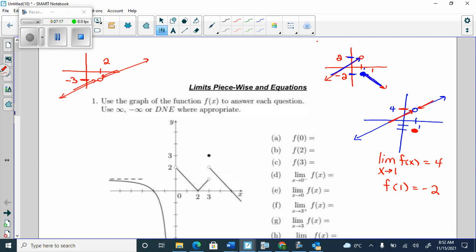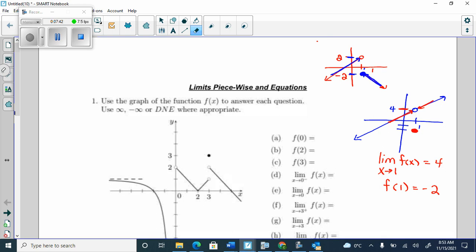That's it. What is f of 2? Does not exist because it's an open dot. Right? There's nothing there. What is it now? What's f of 2? 2. If they draw a closed dot, then there is an f of 2. If it's an open dot, there isn't one. Make sense?